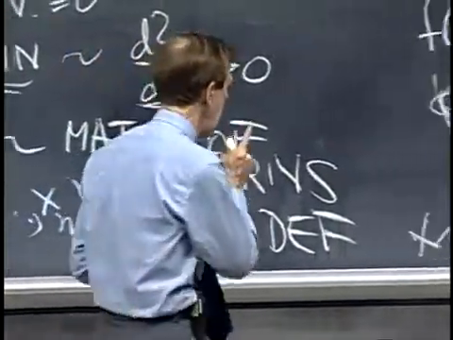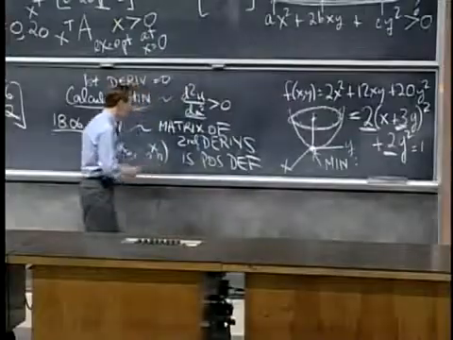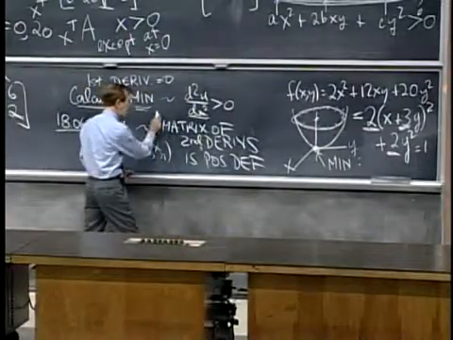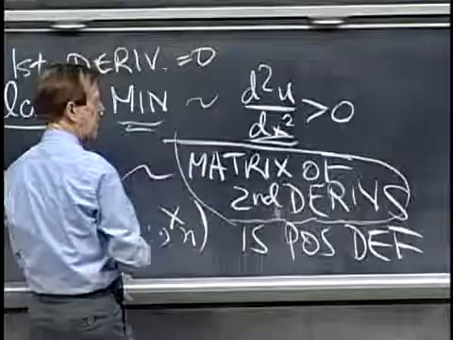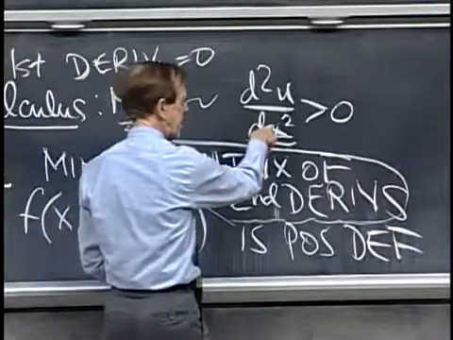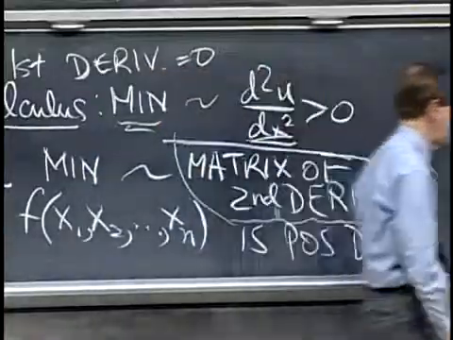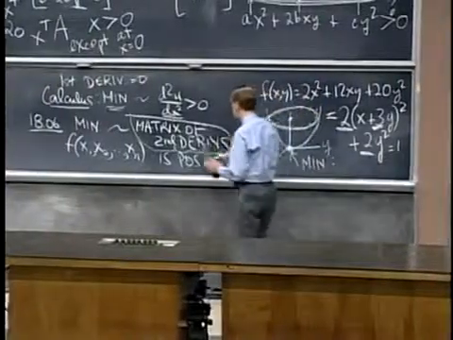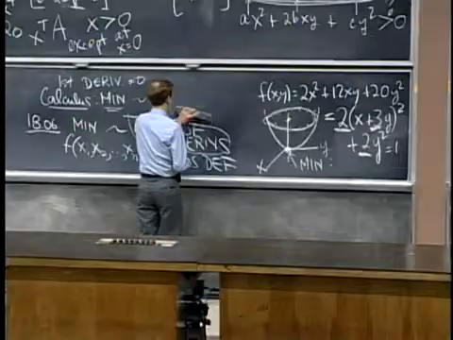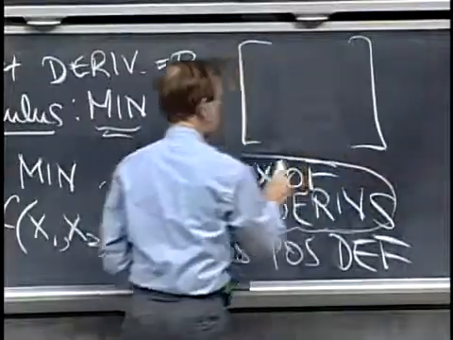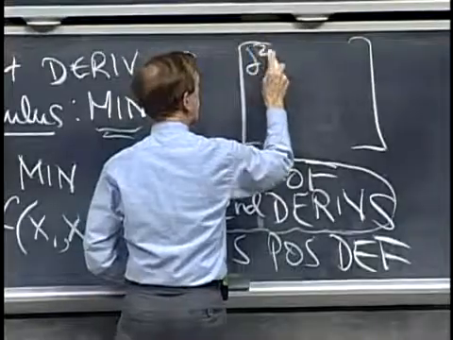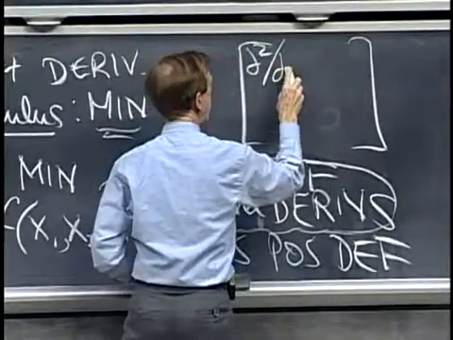Can I just, before I leave 2 by 2, I've written this expression, matrix of second derivatives. What's the matrix of second derivatives? That's one second derivative now, but if I'm in 2 dimensions, I have a 2 by 2 matrix. It's the second x derivative.